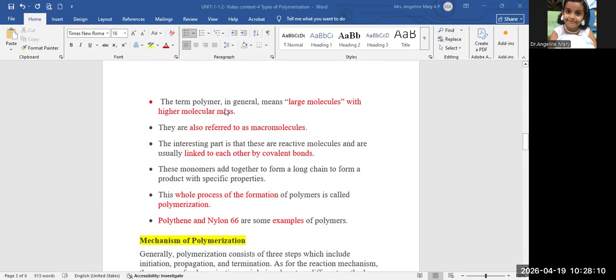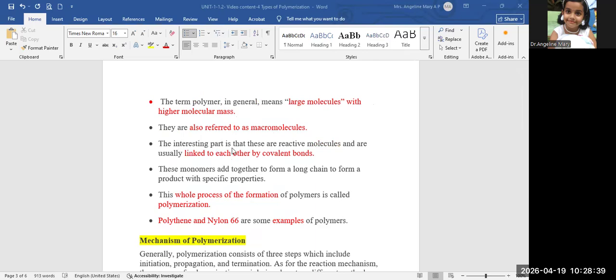The term polymer in general means large molecules with higher molecular mass. Poly means many, mer means units. So many units join together to form a polymer. If it is a large molecule, automatically the molecular mass is also higher. They are also referred to as macromolecules, that is, bigger molecules.